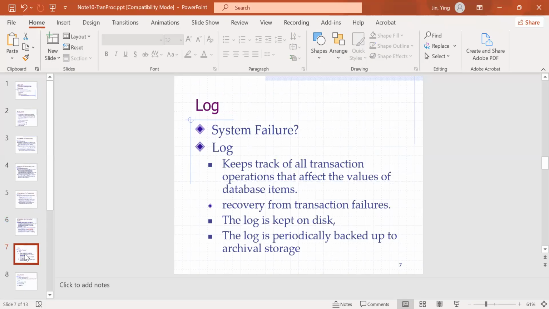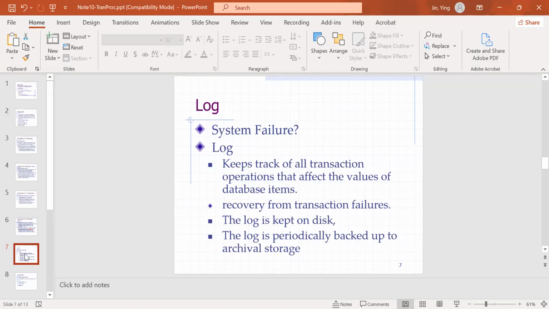Okay, so now let's see how we can handle system failure. We can have system failure such as a power loss. Because memory is not persistent, everything in memory, like in the bank transfer example, is lost when the power goes out.